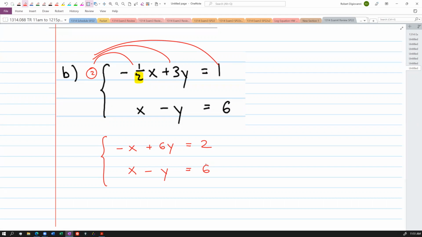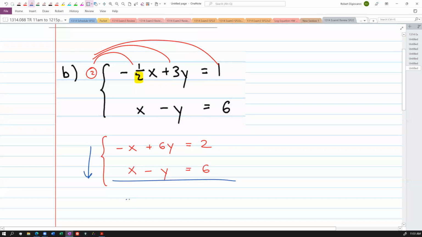Hey, look at this. We don't even have to do any more work. The x's are going to cancel. Got lucky. So I can just add down now. If I add down, the x's go away. I'm left with 5y equals 8.